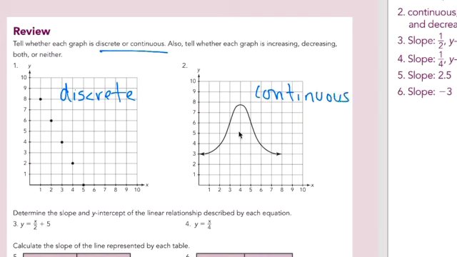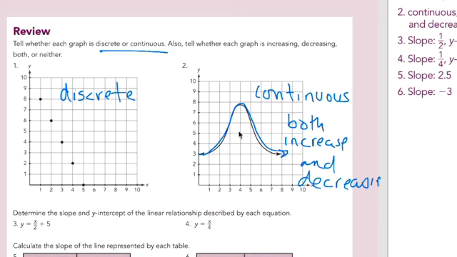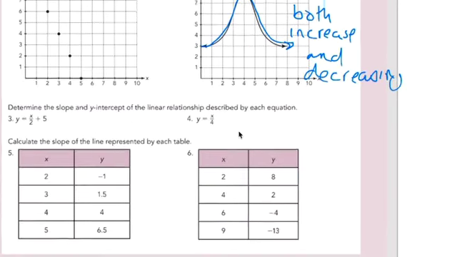No dots. And it's increasing, decreasing. Both. Okay.